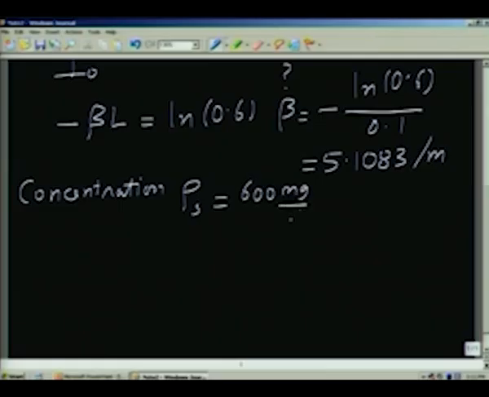So, you see that we have a very small amount of the particular material. This is actually 600 into 10 to the power of minus 3 kilograms per meter cube. It comes to 0.6 kilograms per cubic meter. I am sorry, this is not correct.